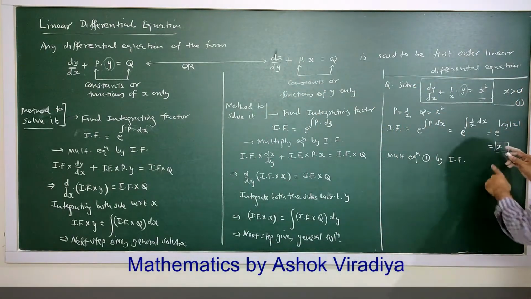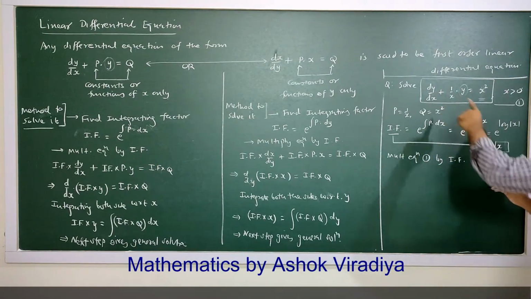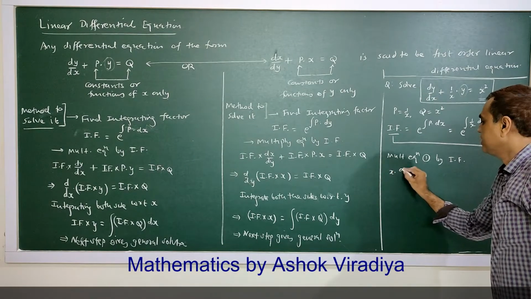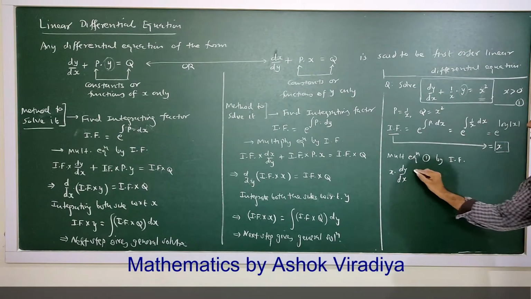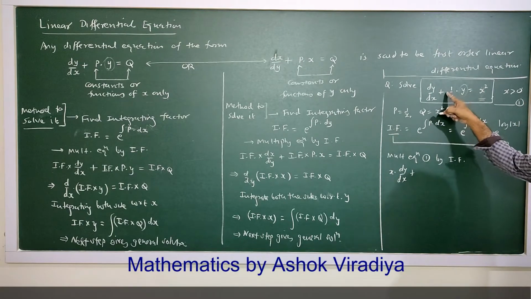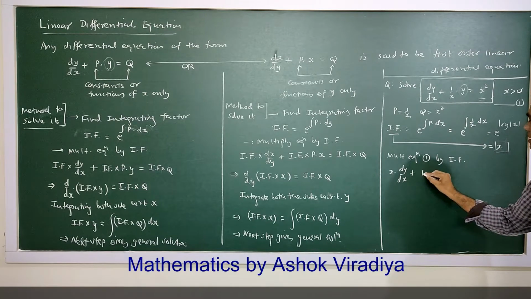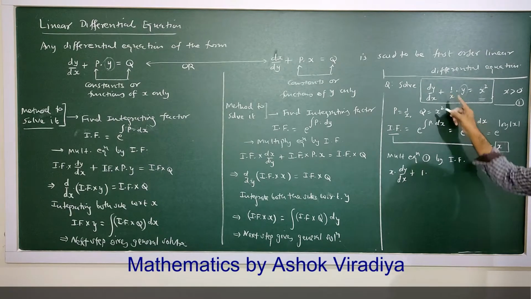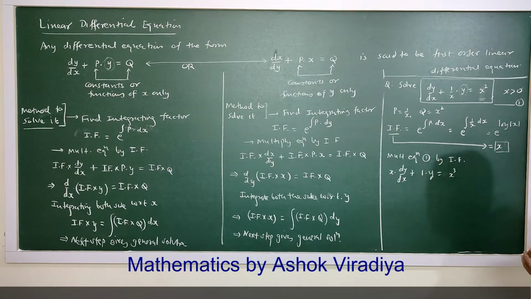So multiply this equation by the integrating factor. I am multiplying by x. This is the integrating factor. Multiplying by x, x into dy by dx plus x into 1 by x, that is 1, into y equal to x into x square is x cube.